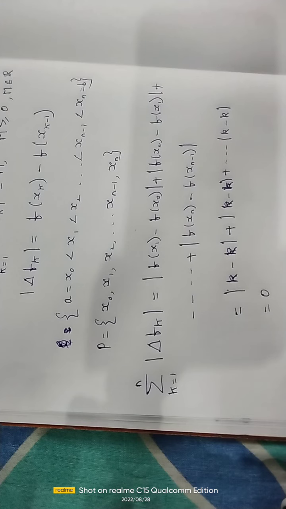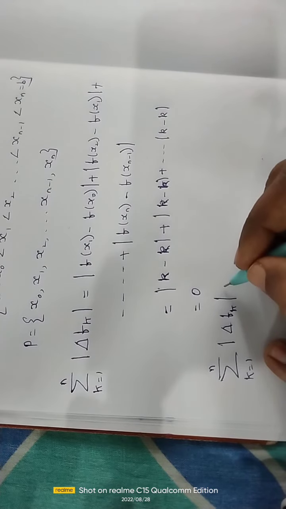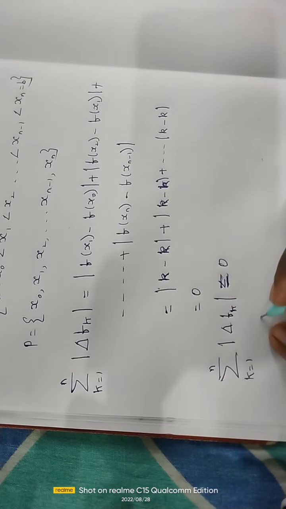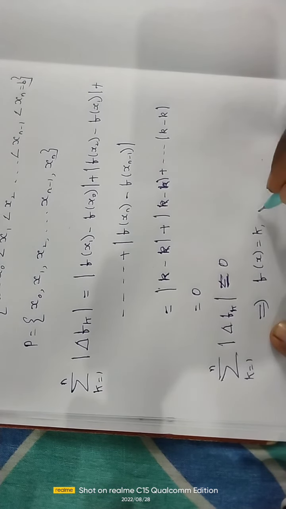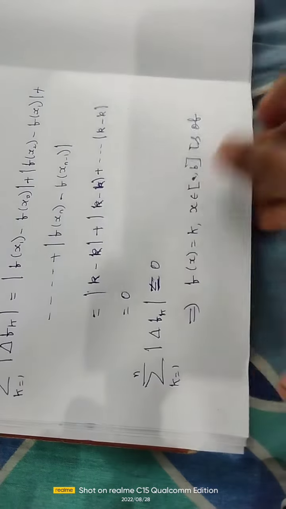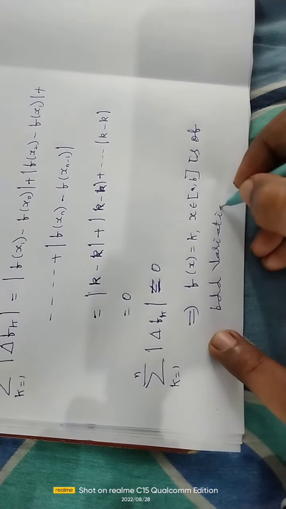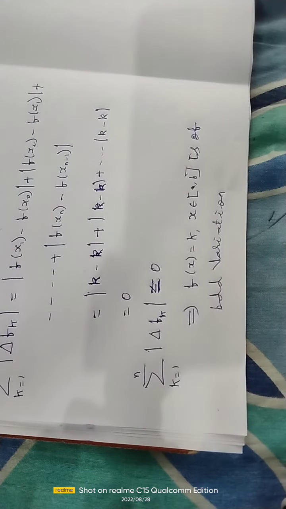That implies summation k equal to 1 to n mod del fk is less than or equal to 0, which implies my function f of x equal to k, where x belongs to closed interval a comma b, is of bounded variation. Hope you understand the problem.